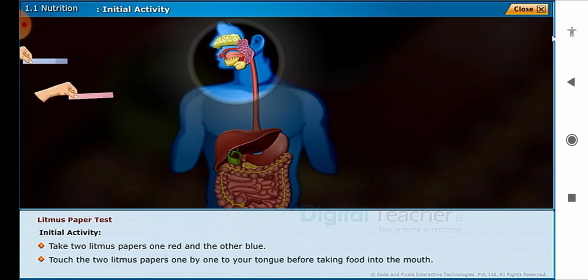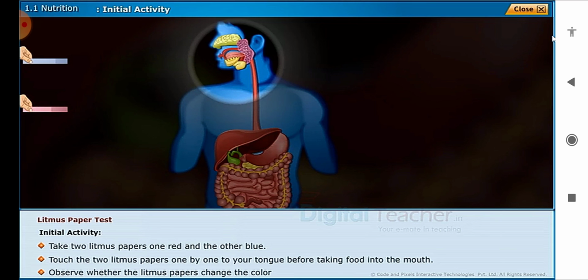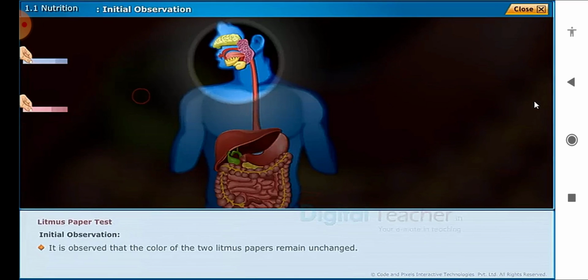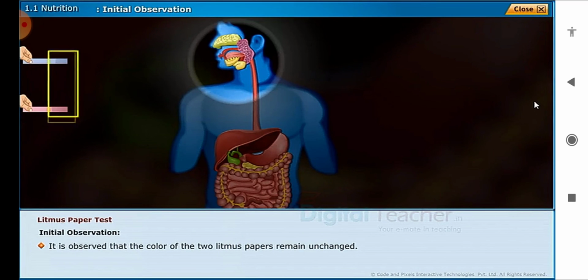Touch the 2 litmus papers one by one to your tongue before taking food into the mouth. Observe whether the litmus papers change the color. It is observed that the color of the 2 litmus papers remain unchanged.